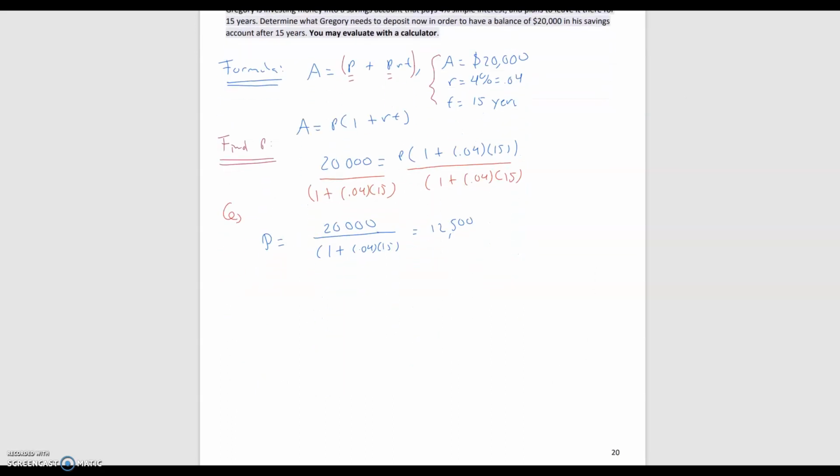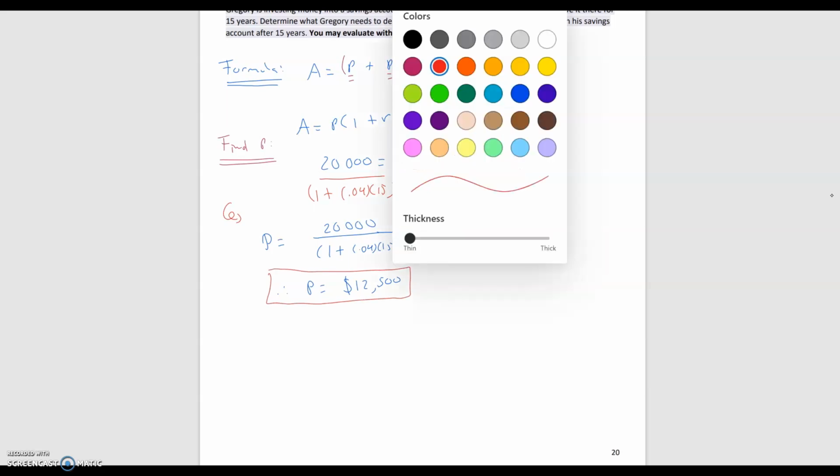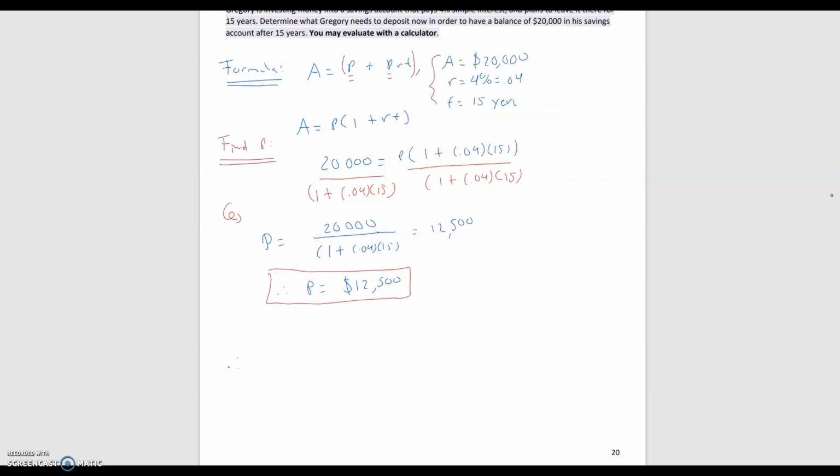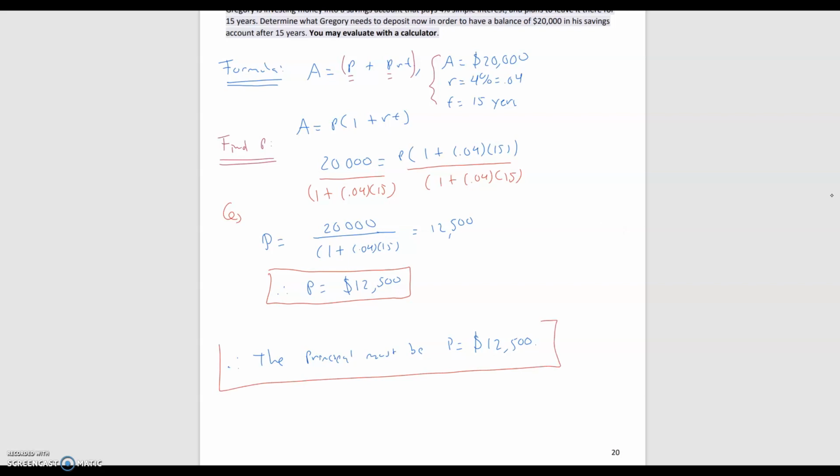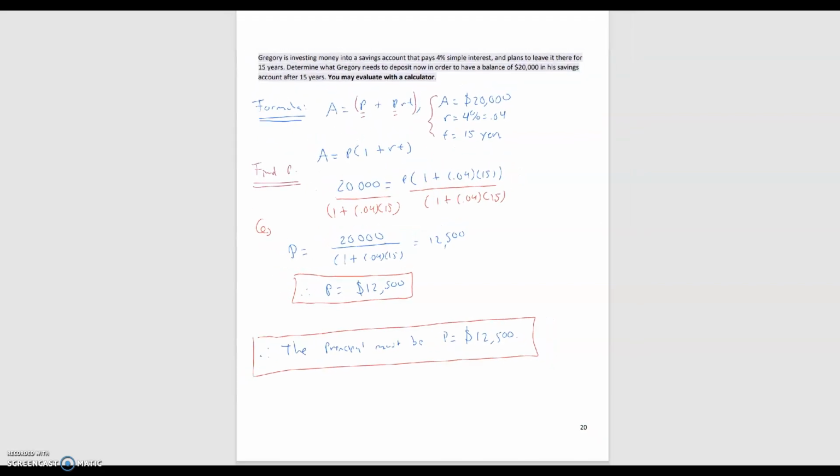So let me just rewrite it as P is equal to 12,500. And then let me just rewrite it in a sentence. In this situation, the principal must be P is equal to 12,500. So very similar approach on these last two problems.